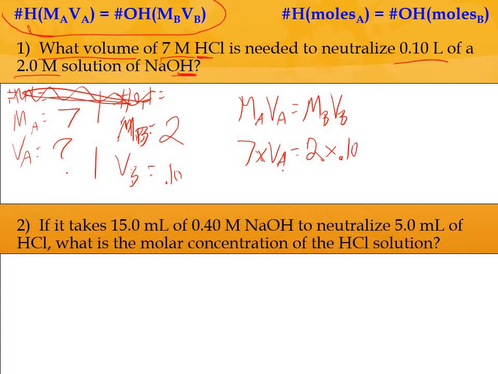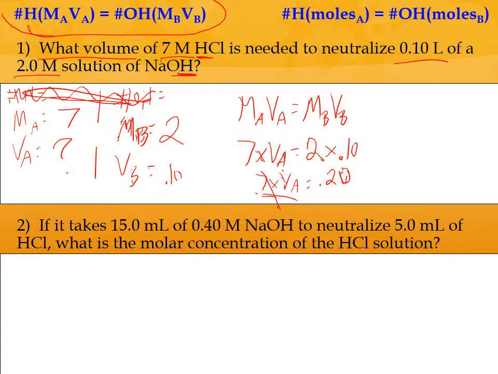So I can do my math here. It says that 7 times VA, leave that alone for now, is going to be equal to 2 times 0.10, so that is 0.20. I want to get that VA over on the left by itself, so I'm going to divide everything on the left by 7.